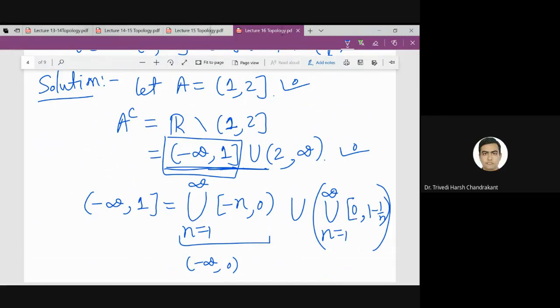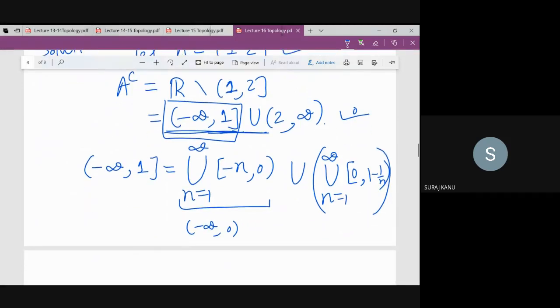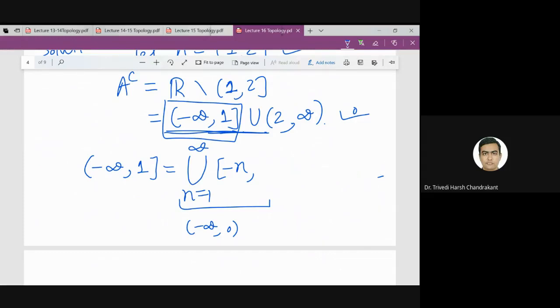Is it correct now? It's better, sir. We can combine both of them and write minus n comma 1 minus 1 by n. Okay, that is also a good idea. Directly we can merge these two. So this is simpler.